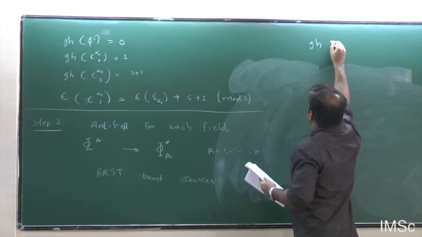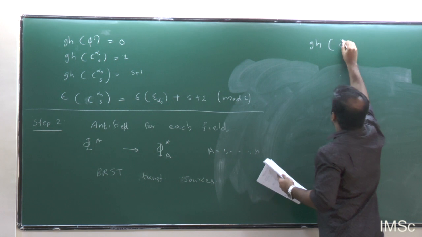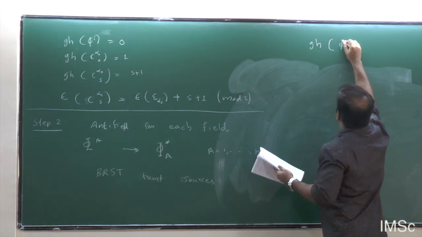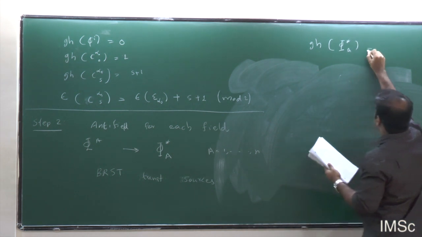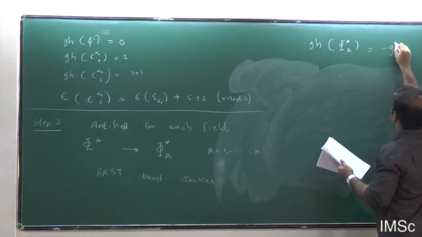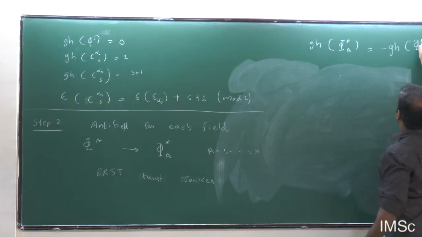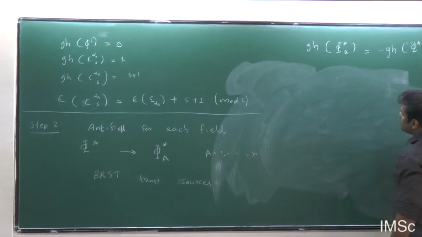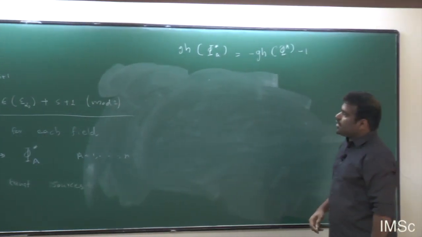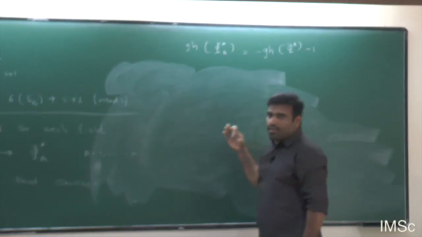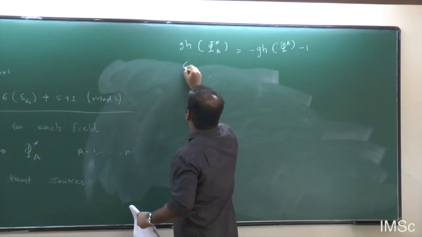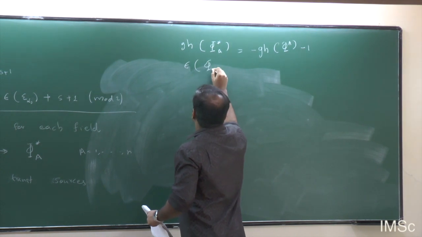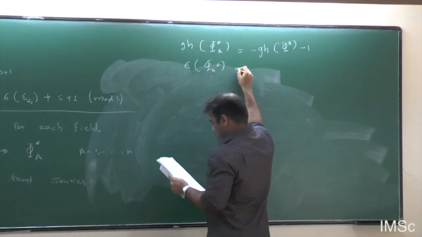The ghost number of antifield phi star A should be equal to minus the ghost number of field phi A minus 1. This is the condition that the ghost number for the antifield has to satisfy. Then the parity is exactly opposite of the parity of field phi A.